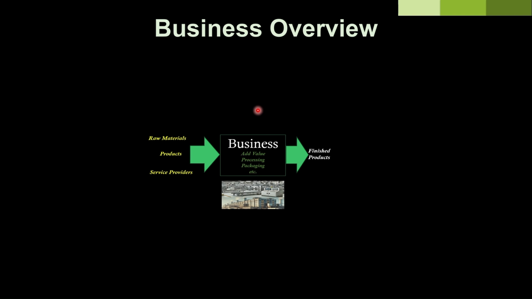So, for instance, if the model of this business is such that it is producing something, then the business inputs will be raw materials, which they would have to procure. And those raw materials will then have to be processed and packaged, where relevant, into finished products. And these finished products will then be marketed and sold.